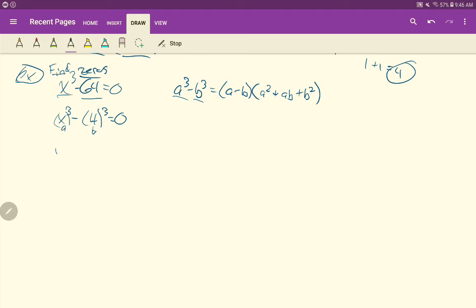Well, you can factor to be then x minus 4, which is our a minus b, times our a squared. So a squared will be x squared, and then plus 4x, because again it's ab, and then b squared will be 16, right? Because 4 squared is 16. Whoops, b squared. Okay, like that. That's one way you can factor it.